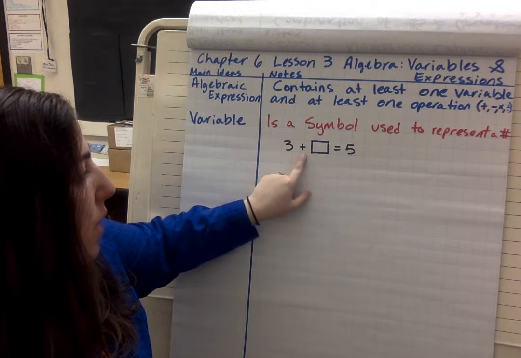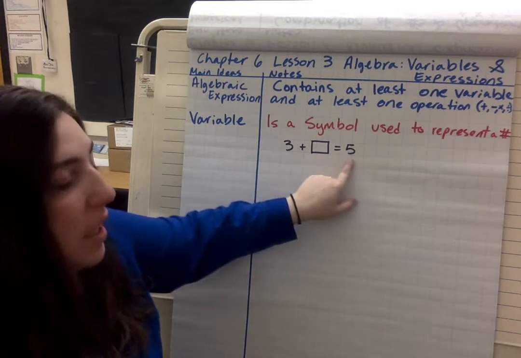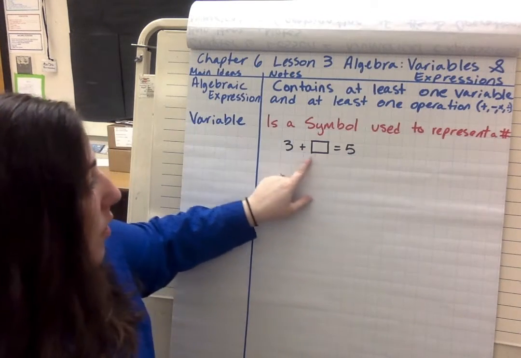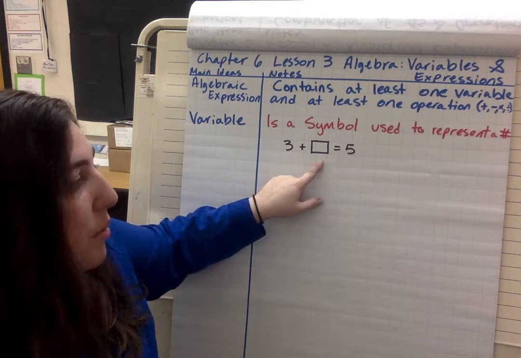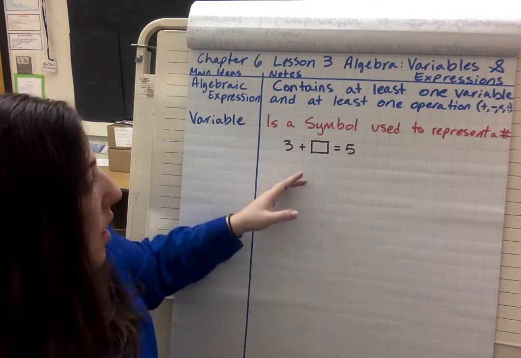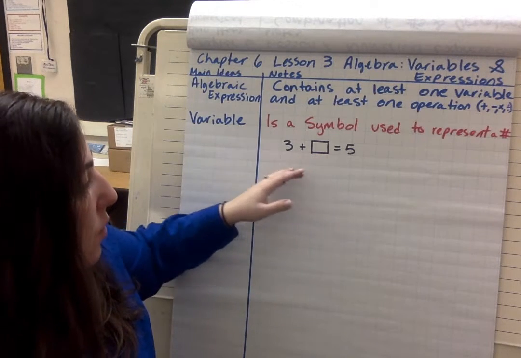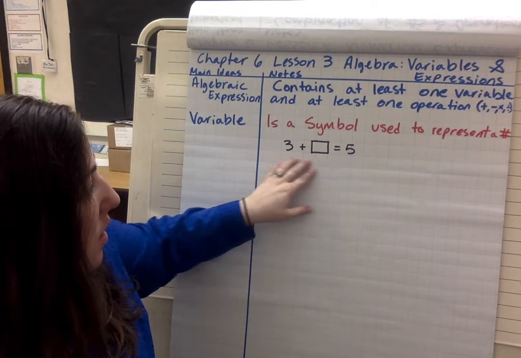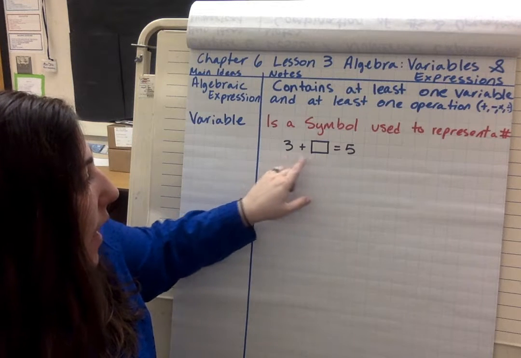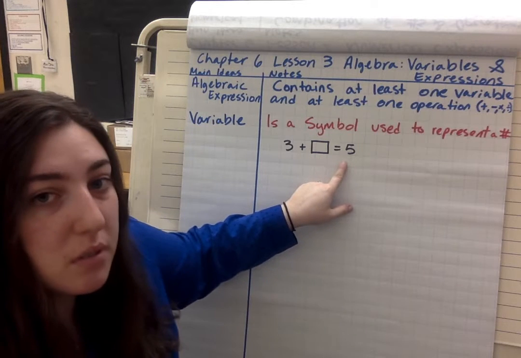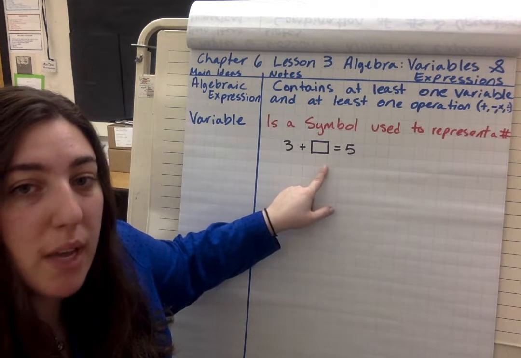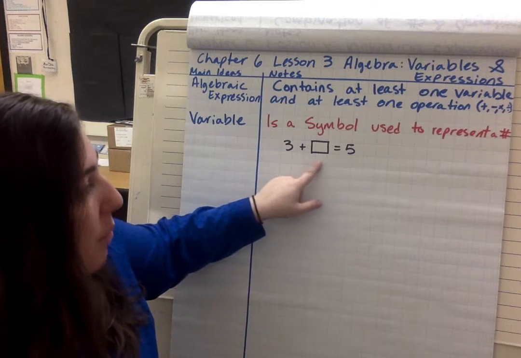So 3 plus something equals 5. So in here, this square is a symbol used to represent a number. And if you did this, you'd probably guess that 3 plus 2, so you'd put 2 in the square, equals 5. Okay, so it's just one way to represent a number.